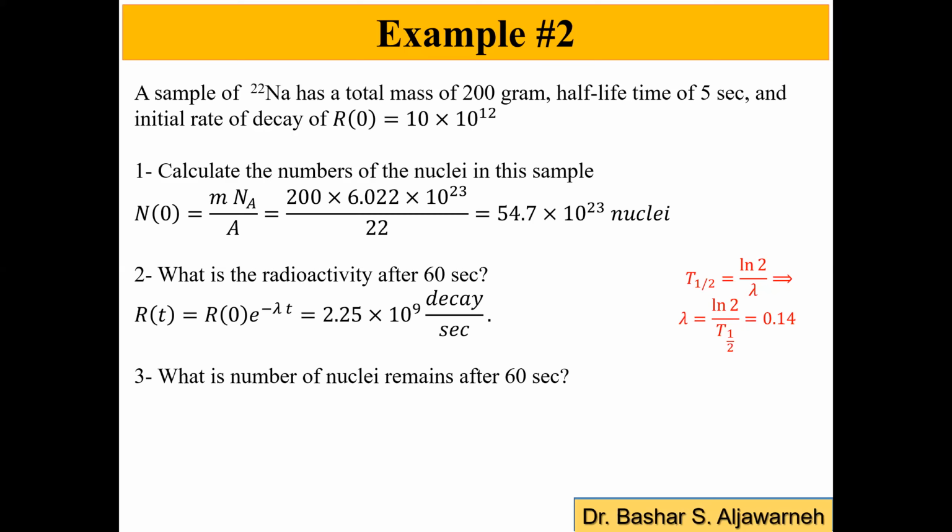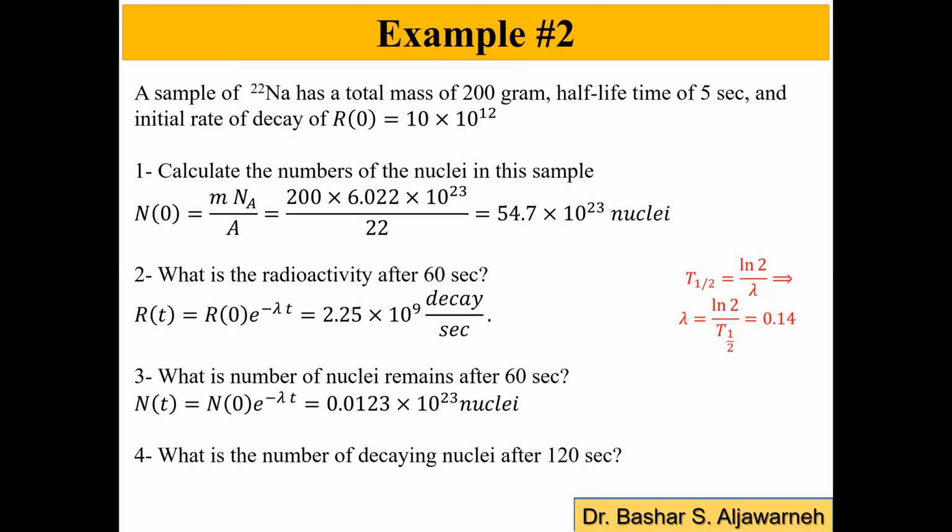Number 3, what is the number of nuclei remaining after 60 seconds? N of 0 times exponential minus lambda times t. And finally, what is the number of decaying nuclei after 120 seconds? Be careful, in this part I changed the time from 60 seconds into 120 seconds.